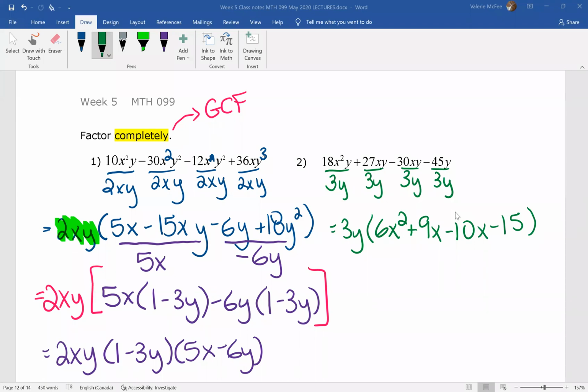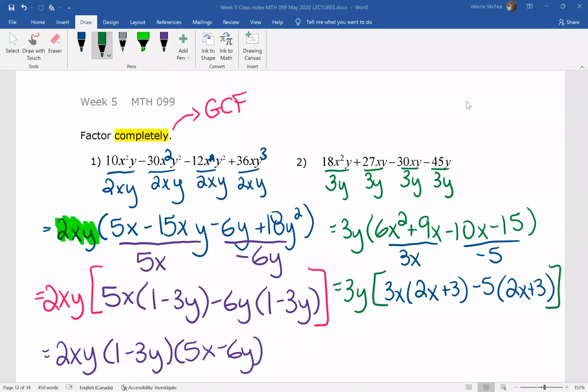So you first checked for a greatest common factor and found that it was 3y. But now we see we have 4 terms and we should try factoring by grouping. 3x was common in the first 2 terms. Negative 5 was common in the last 2 terms, but we remembered to keep our greatest common factor outside.